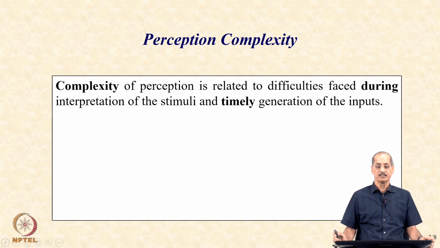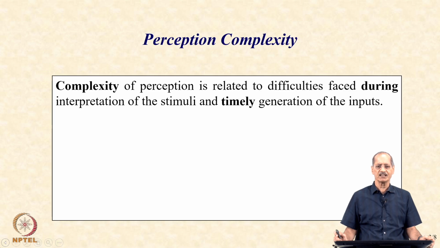An associated issue that will come up is how long it would take to generate that information, because depending upon the level of interpretation of the information, there will be some time required. We will talk about this time issue at a later stage in the course, where we will talk about the timeliness of generating all this information.